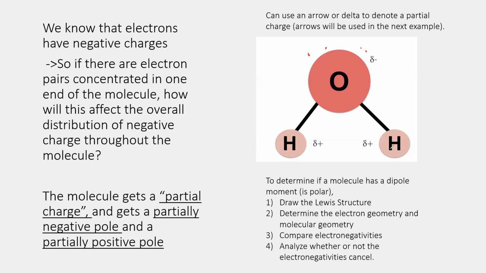If they're equal, then you're not going to have a polar molecule. But if they're not equal, then it's a little bit more tricky. You can denote a partial negative charge like this, or you can draw an arrow with the positive end, or with this plus end, positive end of your pole.